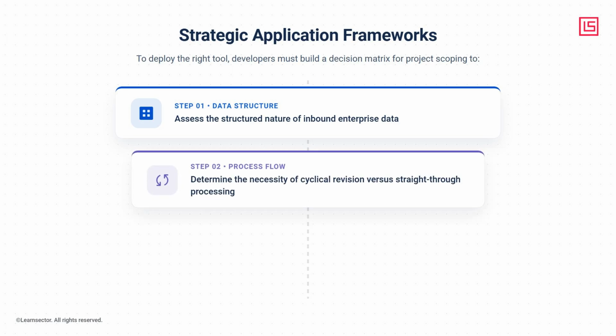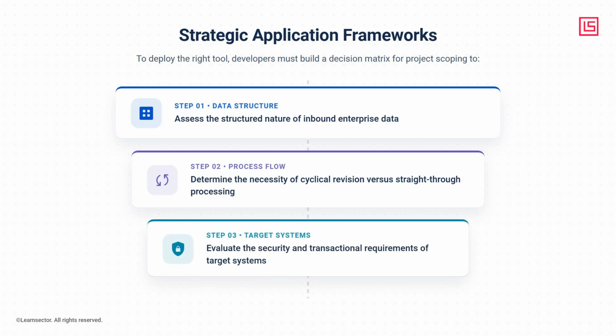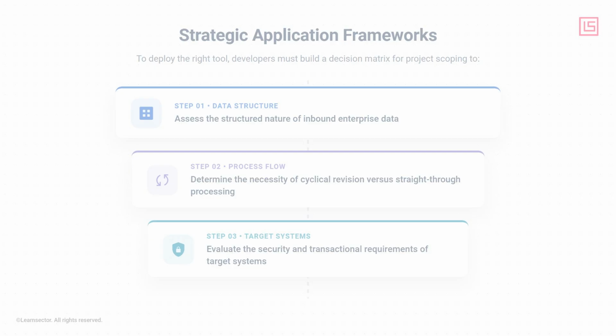Next, determine the necessity of cyclical revision versus straight-through processing. If a task requires generating a draft, reviewing it, and iterating before finalization, the cyclical nature of LangGraph is essential. Finally, evaluate the security and transactional requirements of target systems. Agentic workflows generate dynamic outputs, demanding strict guardrails for high-risk databases.